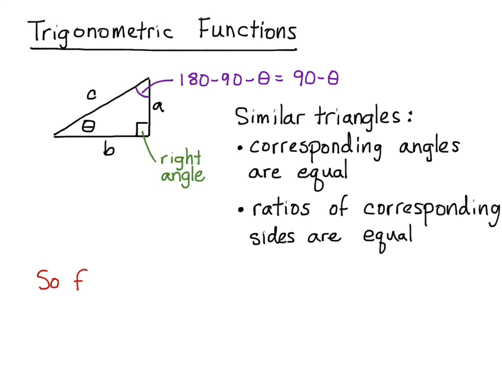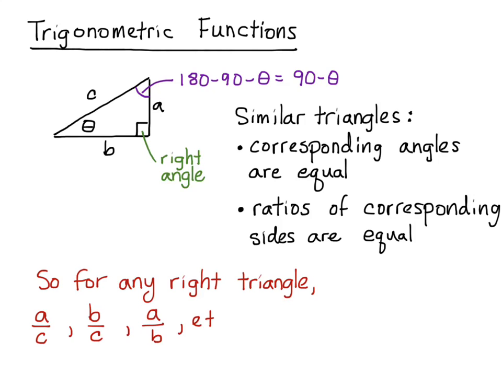So for any right triangle that has this angle theta, we know that A divided by C or B divided by C or A over B, any ratio of two of these sides is going to be a particular function of theta. So if you tell me what theta is in a right triangle, all of these other ratios are determined regardless of the size of the triangle.